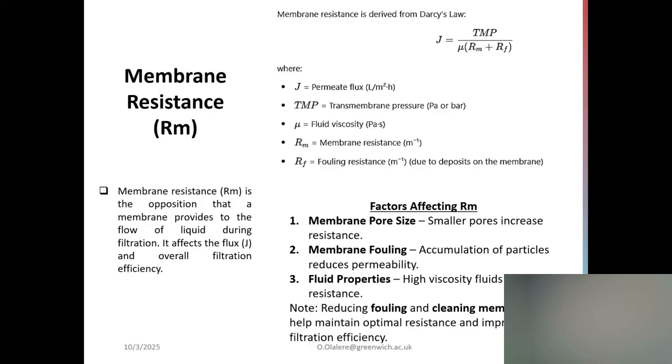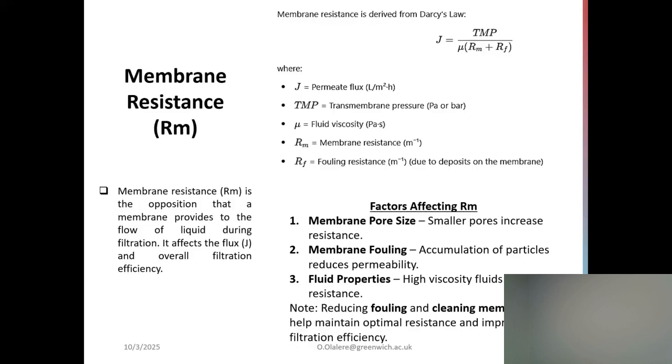And what are the different factors that affect the membrane resistance? Because when you look at that equation, J is the flux, right? So it is inversely proportional to resistance. It means if the membrane flux is higher, flux, not pressure now, what happens?